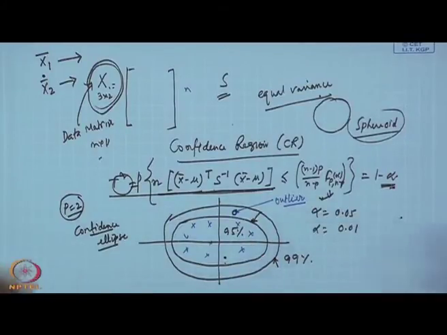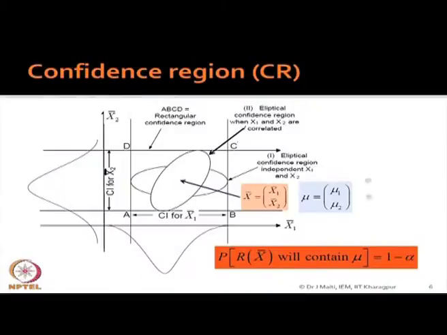Another important issue here is this. You see this figure, this is what we practice in quality control. There are two dimensions, x1 bar and x2 bar, and the individual confidence intervals collectively make one rectangular region A, B, C, D. Suppose one observation falls here.